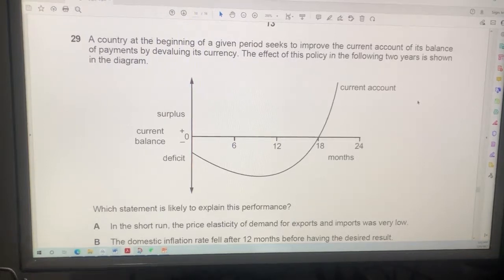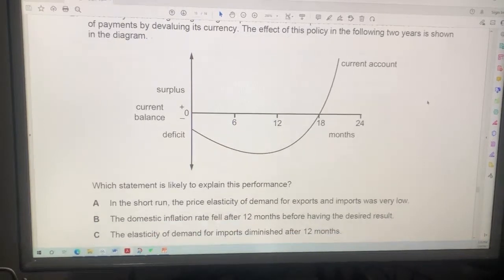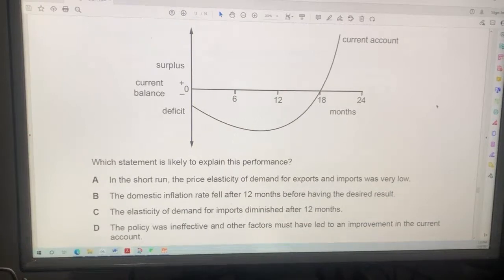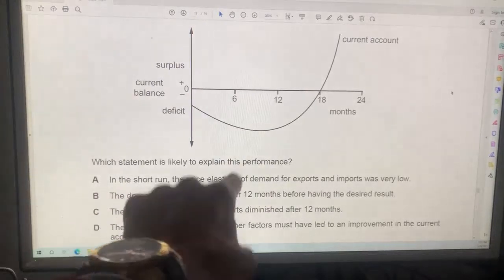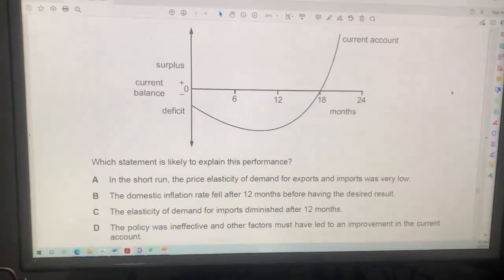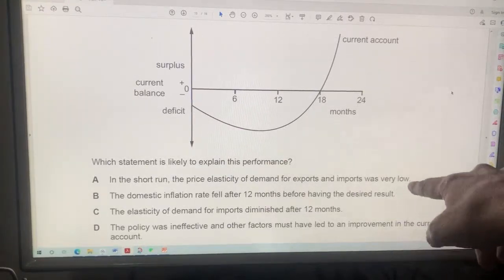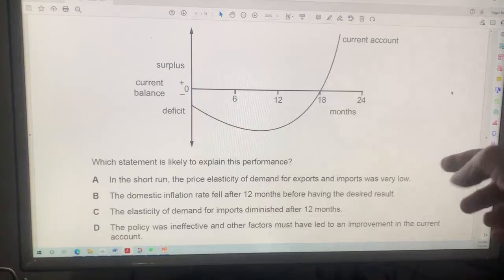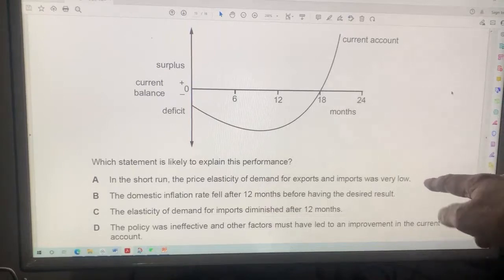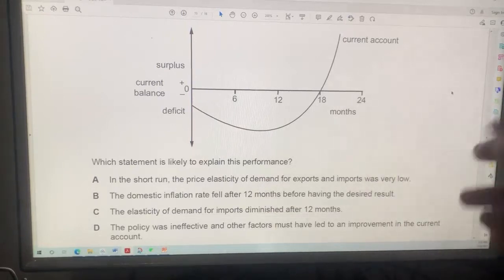And which statement is likely to explain this performance? So I'm looking for a statement of the Marshall-Lerner condition, right? In the short run, A says the price elasticity of demand for exports and imports was very low. And later, the price elasticity of demand for imports and exports increased, or was more elastic.